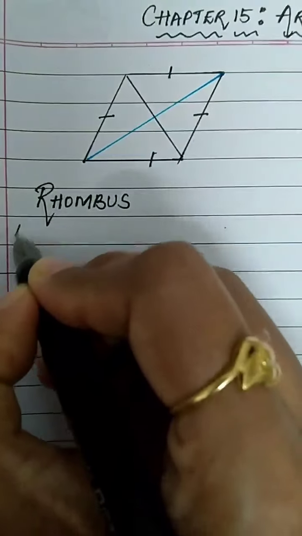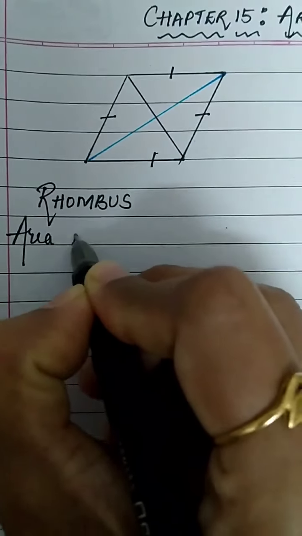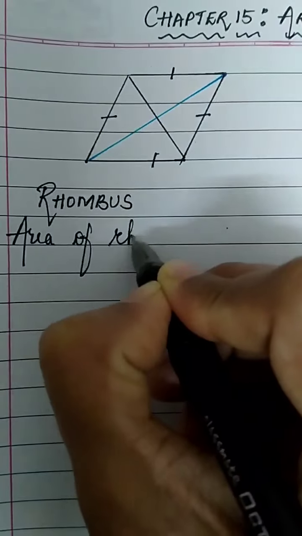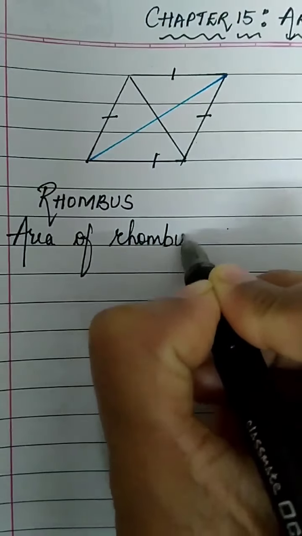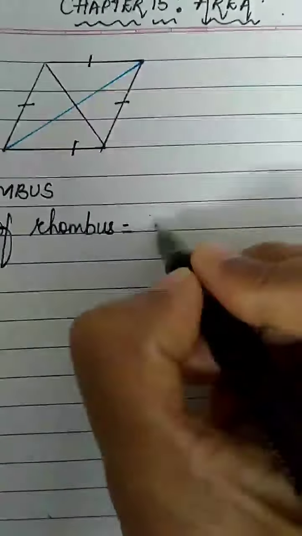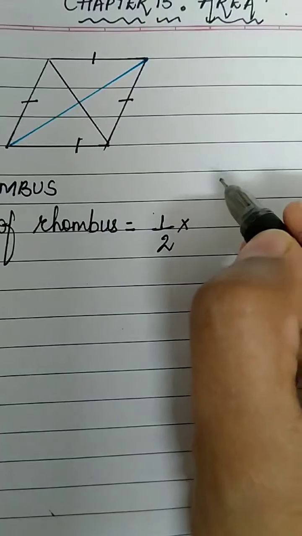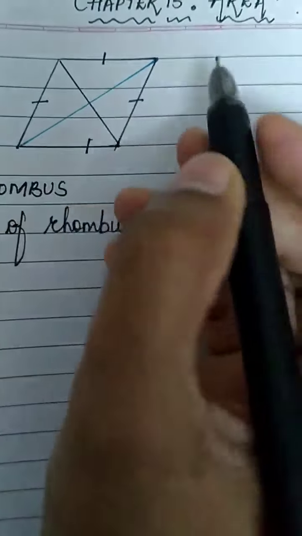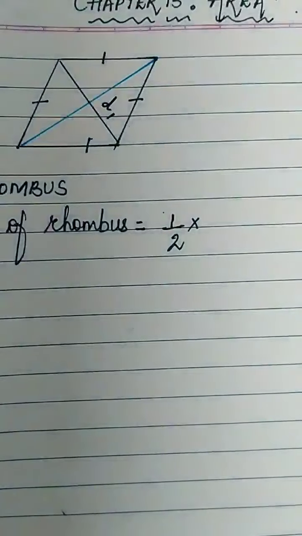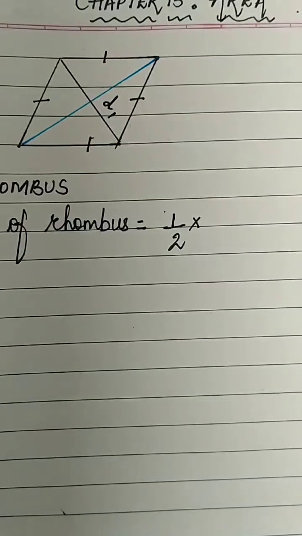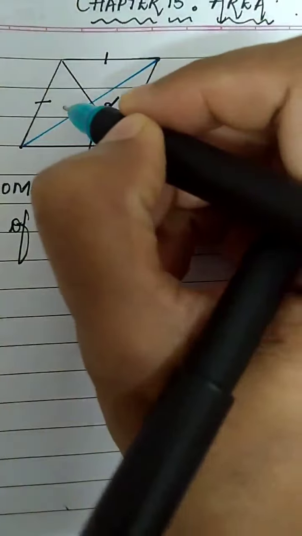The formula for area of rhombus is equal to half into product of length of diagonals. The first diagonal, the smaller one, I'll consider as D1, and the second diagonal, the little longer one, I'll consider as D2.